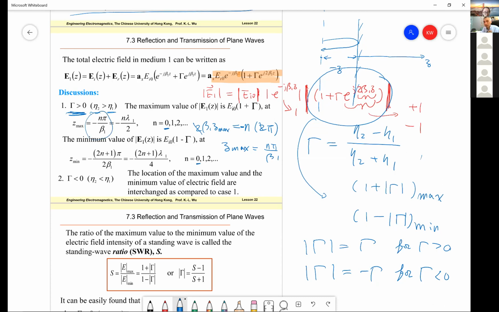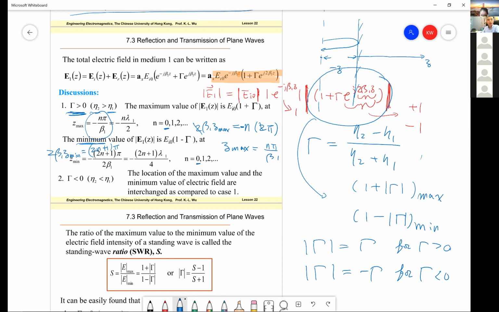So when n equals 0, that means on the boundary, the electric field reaches a maximum, okay? The other way around is for the minimum value. For the minimum value, 2 times beta 1 times z must be equal to 2n plus 1, an odd number, times pi.